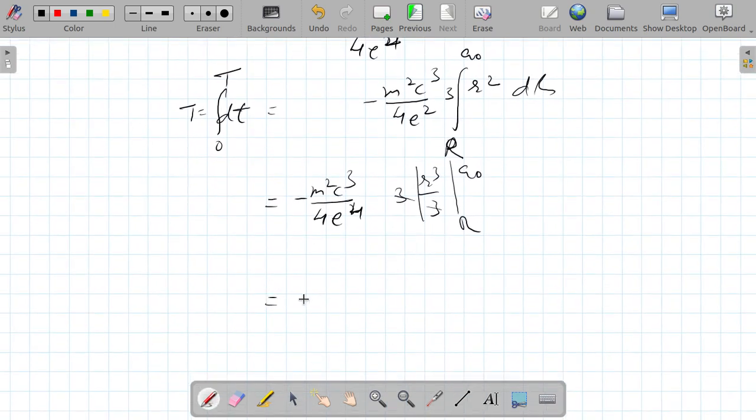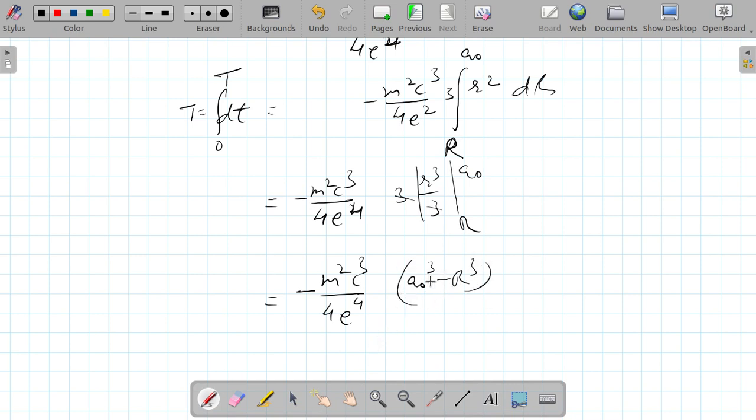So it is equal to minus m square c cube over 4e raised to power 4 times r cube, and a naught cube, upper limit minus lower limit, right?